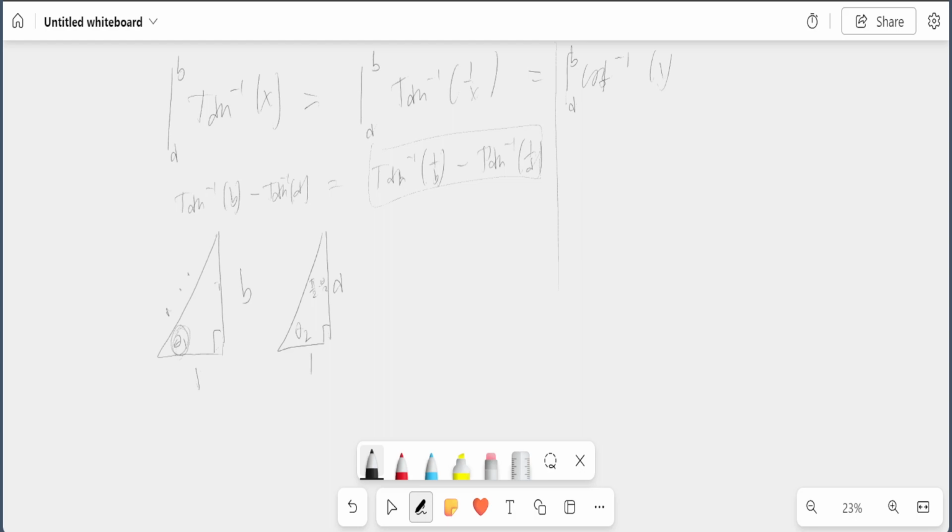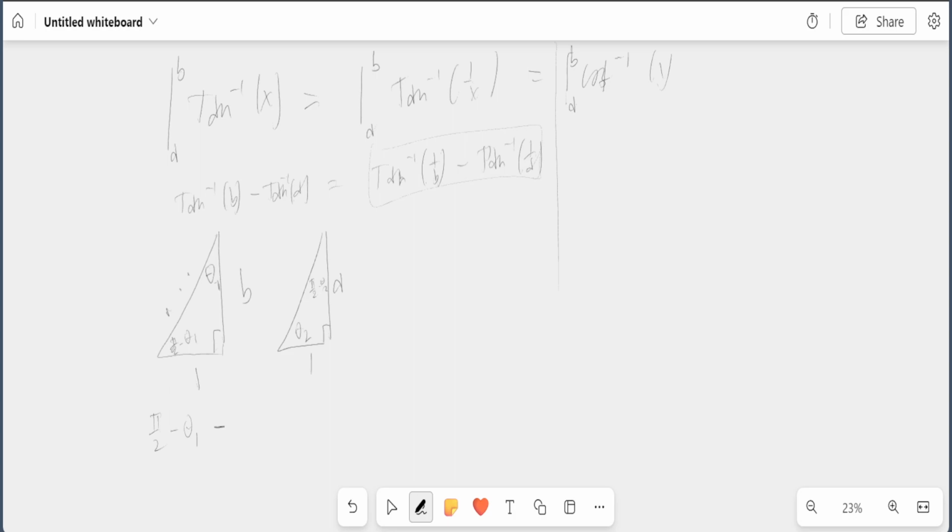So if this is theta 1, shoot, I already used theta 2. Okay, let's call this theta 1, right? And then this is pi over 2 minus theta 1, right? Tangent inverse b is equal to pi over 2 minus theta 1.